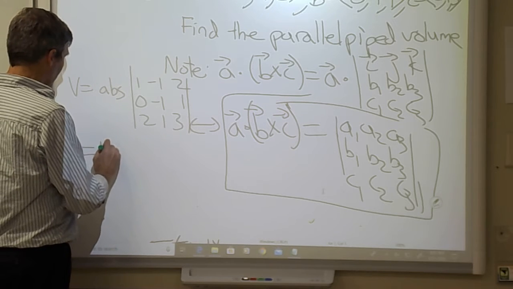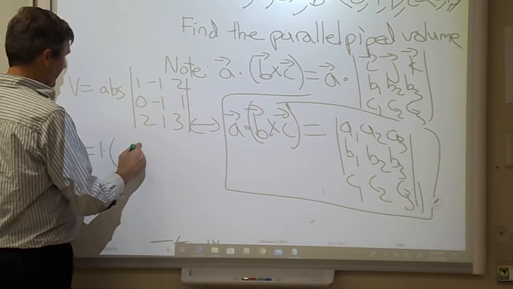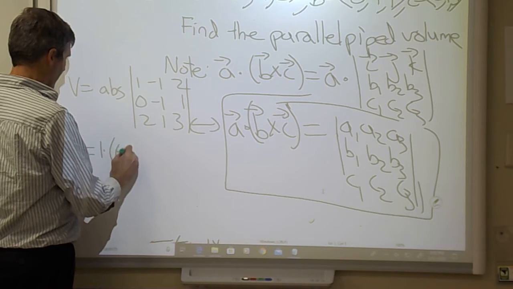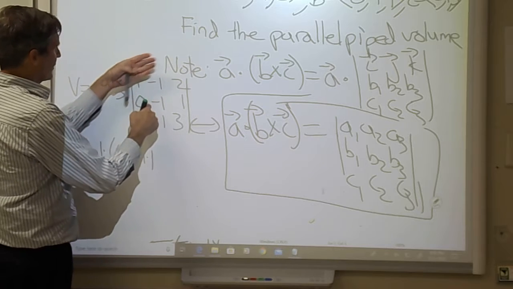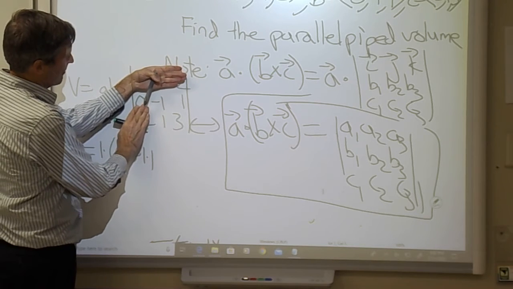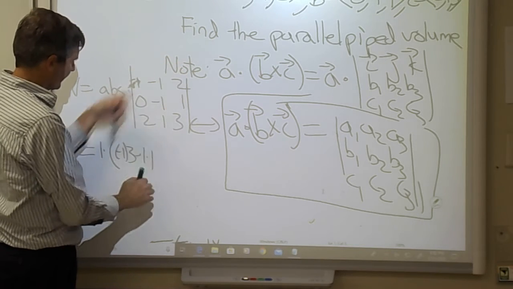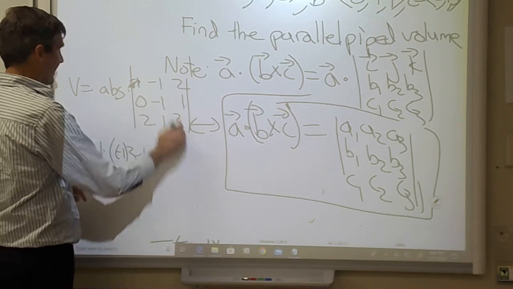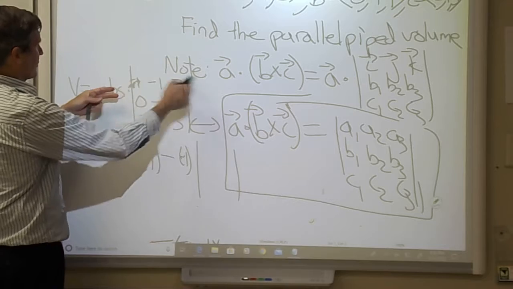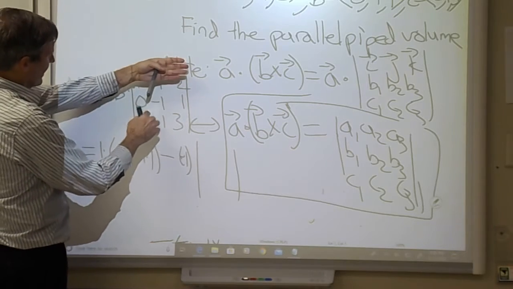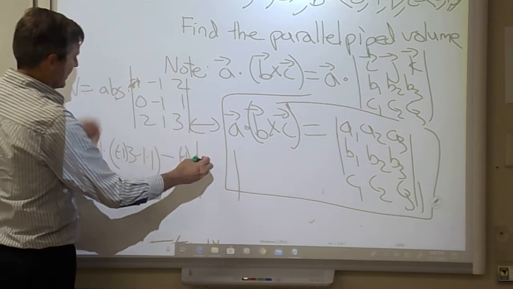Well, the determinant is 1 times, -1 times 3, minus 1 times 1, right? This number times its subdeterminant gotten by wiping out its row and column. And then minus the second element, -1, times its subdeterminant. We wipe out its row and column, and we get 0, 1, 2, 3.